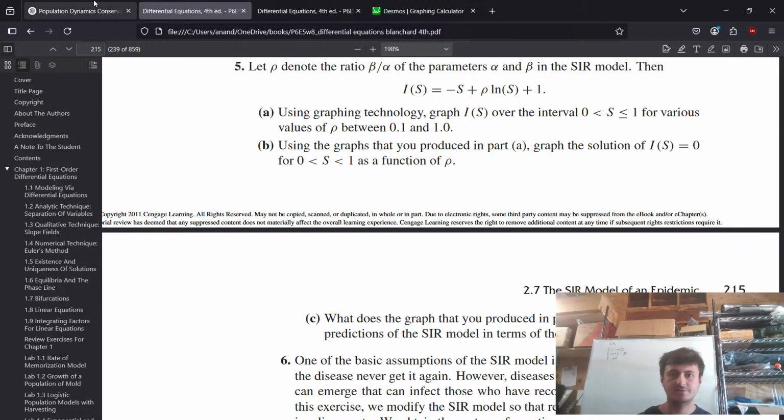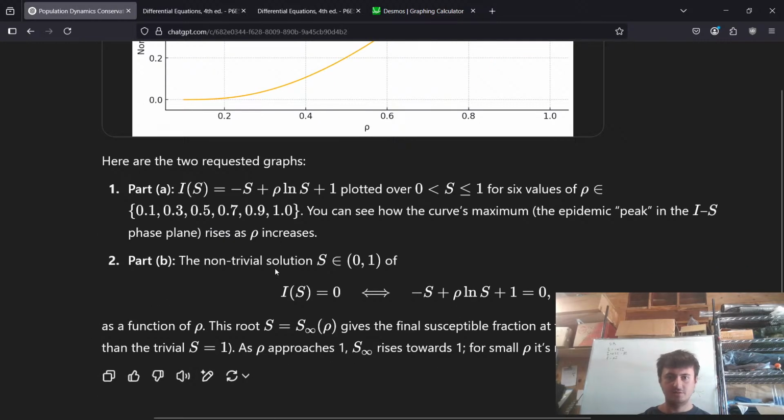I don't really understand the graph in B. Oh, so you solve for this and you get S minus 1 over ln of S is equal to rho.